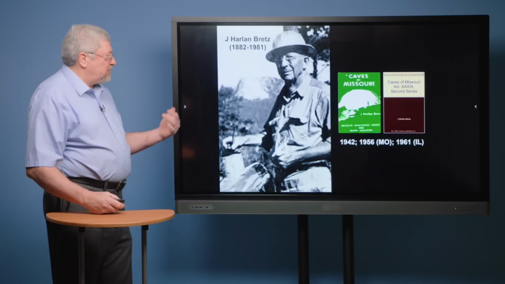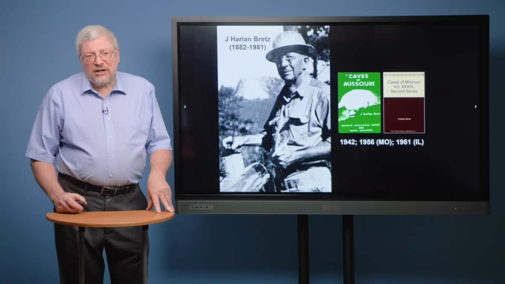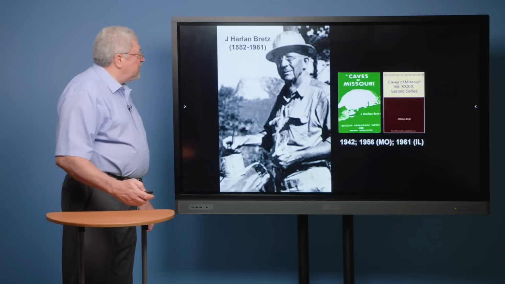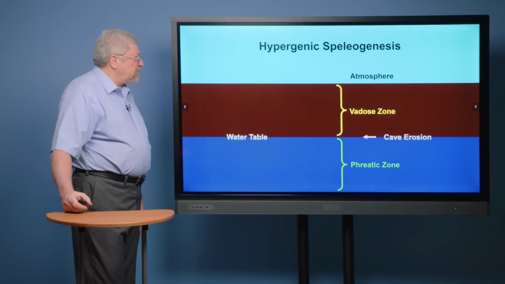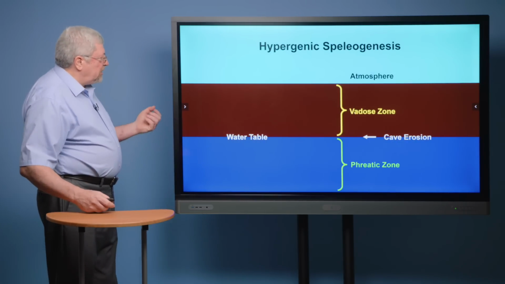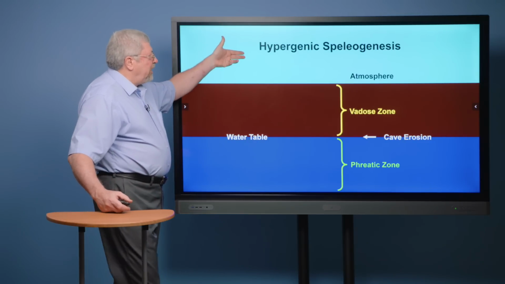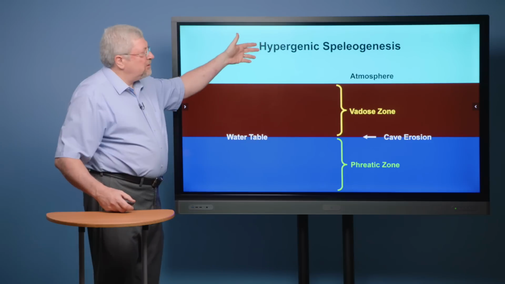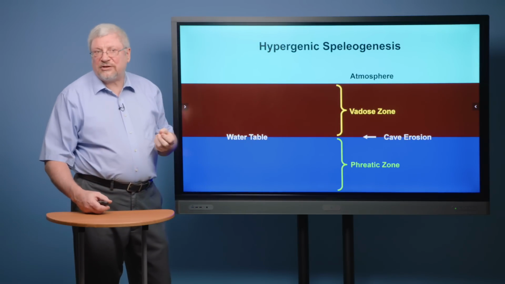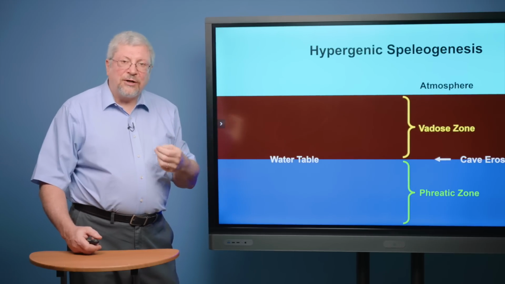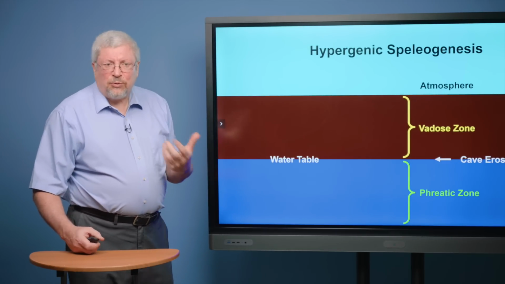In publications in the 40s and up into the early 60s, he introduced the idea of something that we call hypergenic speleogenesis. The idea here is that, according to J. Harlan Bretz, water falls down from the clouds in the atmosphere and grabs up along the way a little bit of carbon dioxide, which dissolves into the water, creating slightly acidic rainwater.